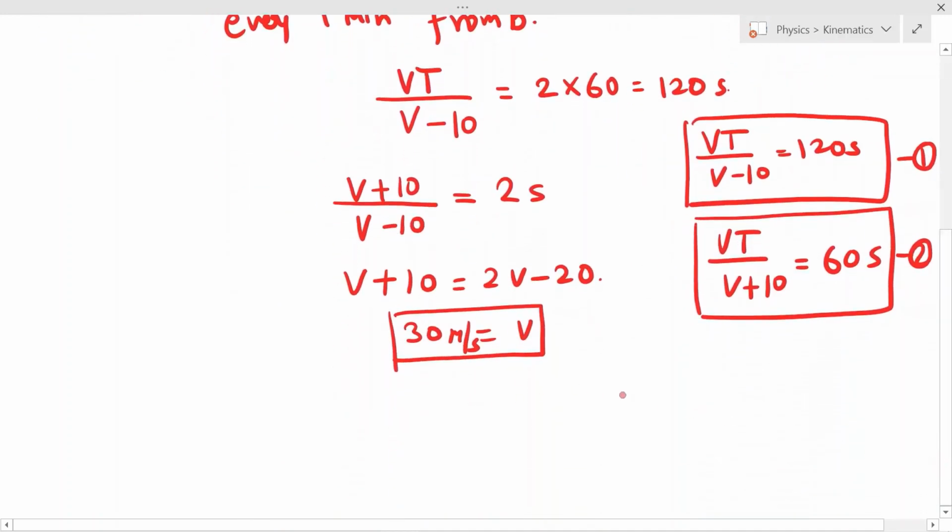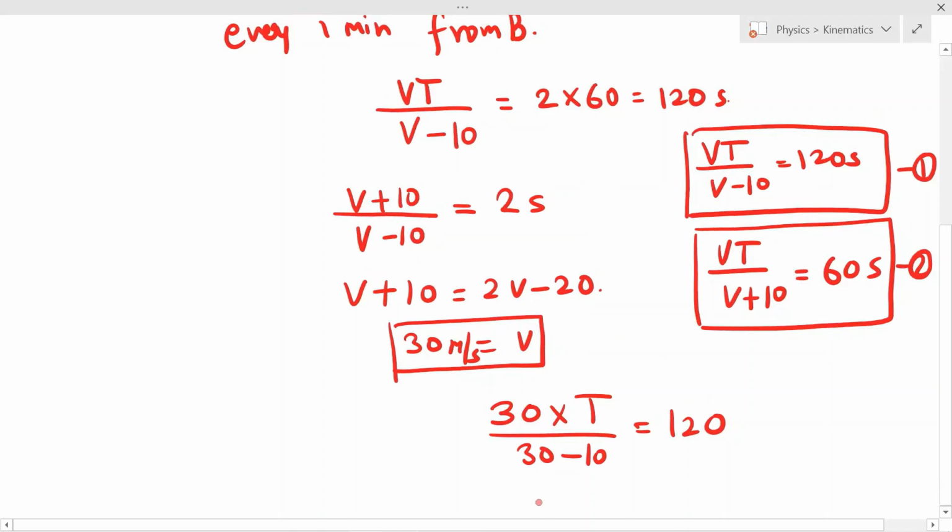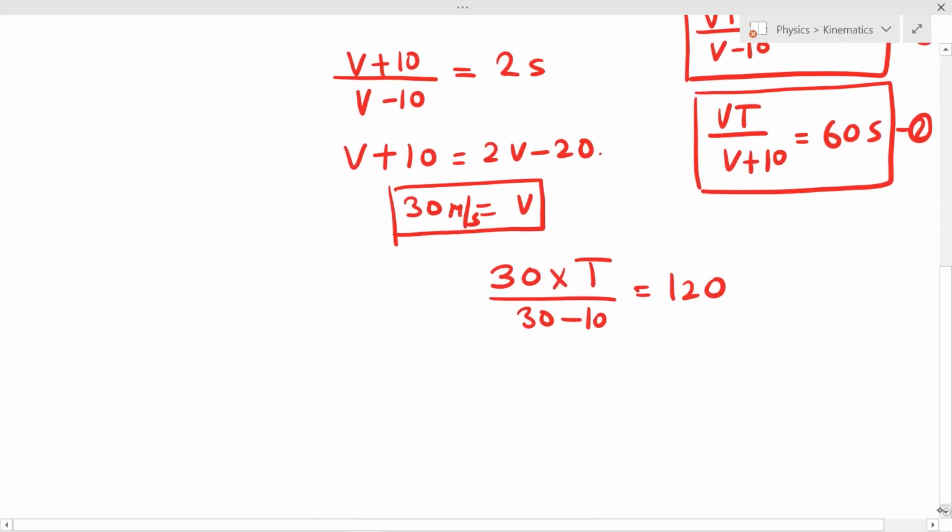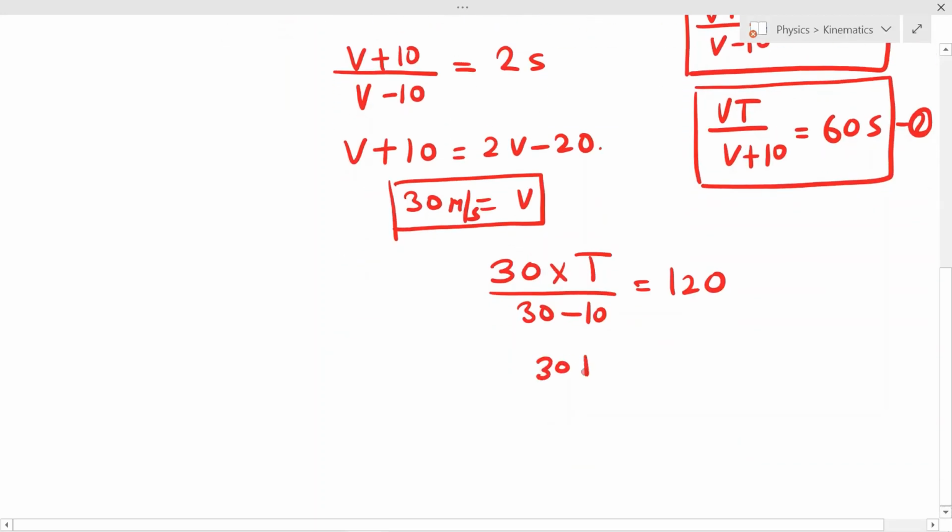Now what is t? Now we know the velocity of the taxi. So 30 into t divided by 30 minus 10 is equal to 120. I have just substituted the value of v in equation 1. So this becomes 30t is equal to 120 into 20, so this is 2400 and 30 will come here.